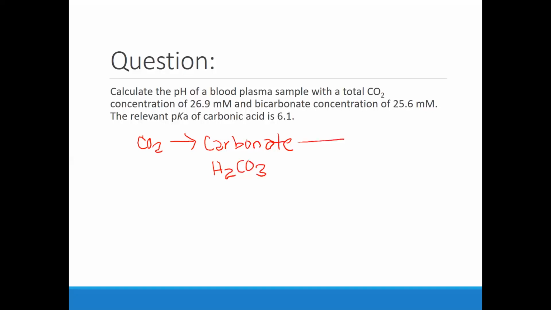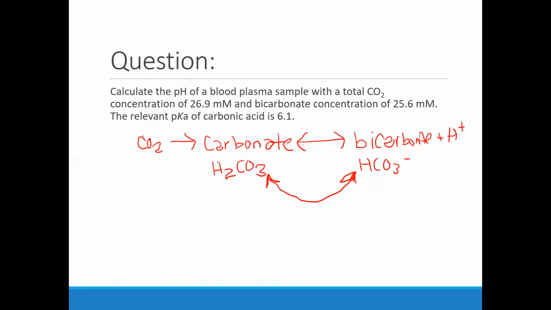And then this is what is ultimately buffering to form bicarbonate and H plus. Bicarbonate looks like this, H2O. So really, these two are the main ones doing the buffering, carbonate and bicarbonate.